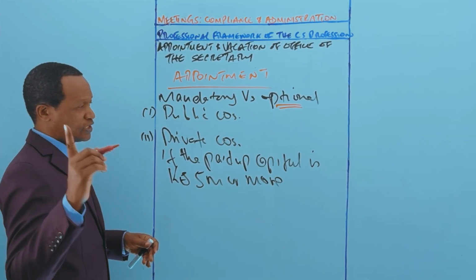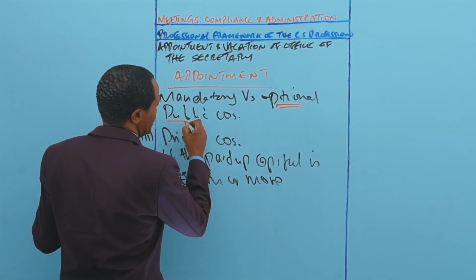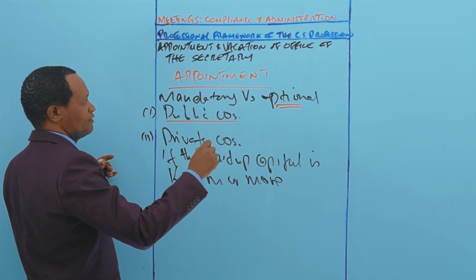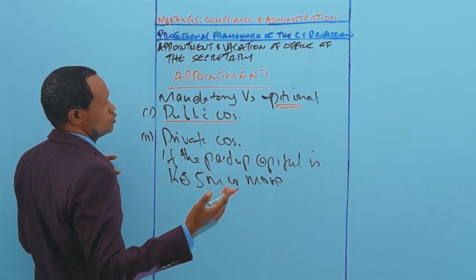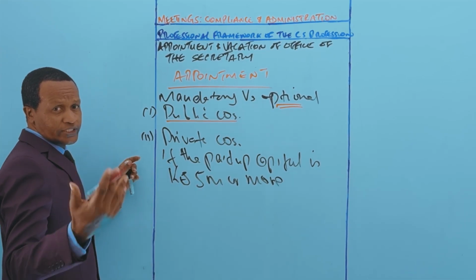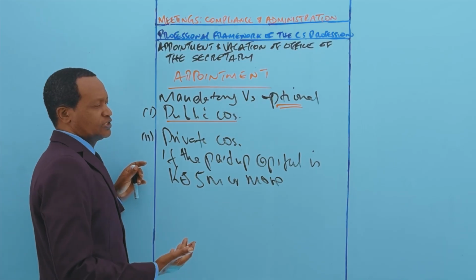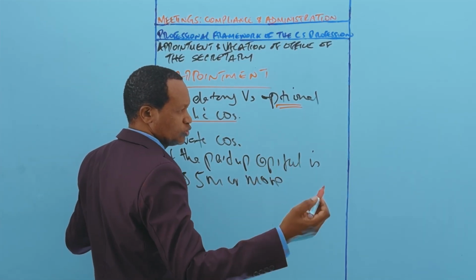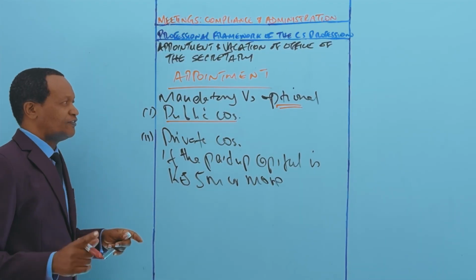So first of all, we need to understand that all public companies must have at least one secretary. It could be 2 or 3 or 4, but at least one.